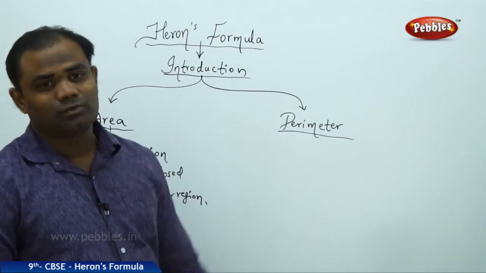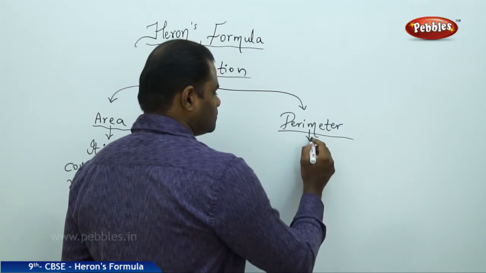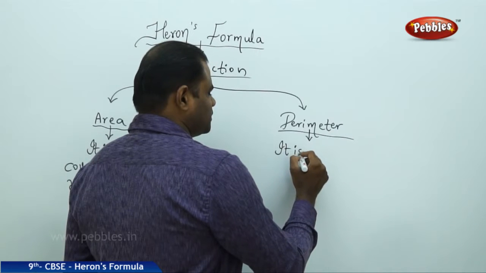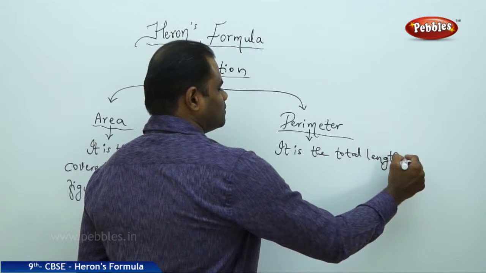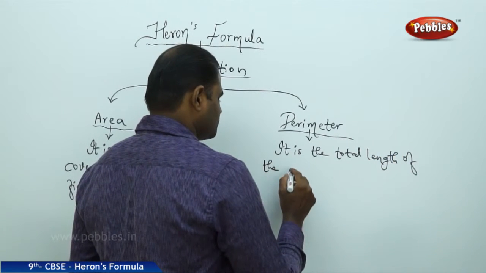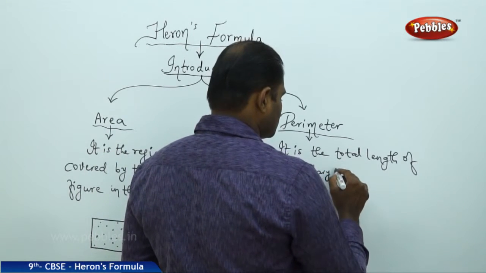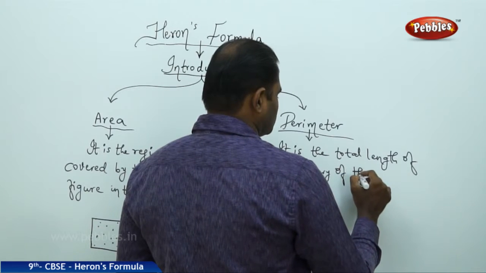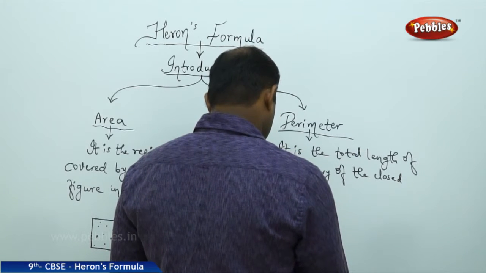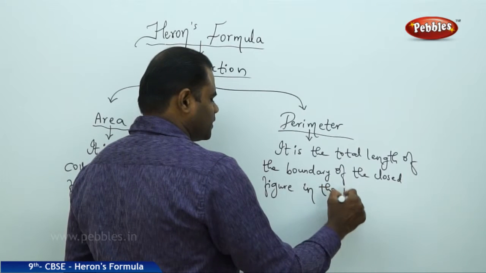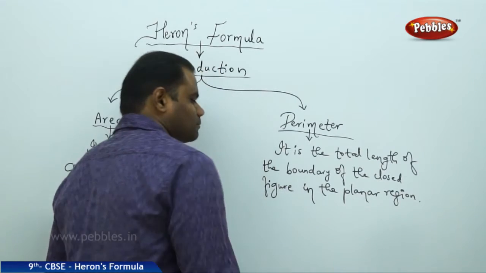Now let's see what would be the perimeter understood in general terms. Perimeter is the total length of the boundary of the closed figure in the planar region.